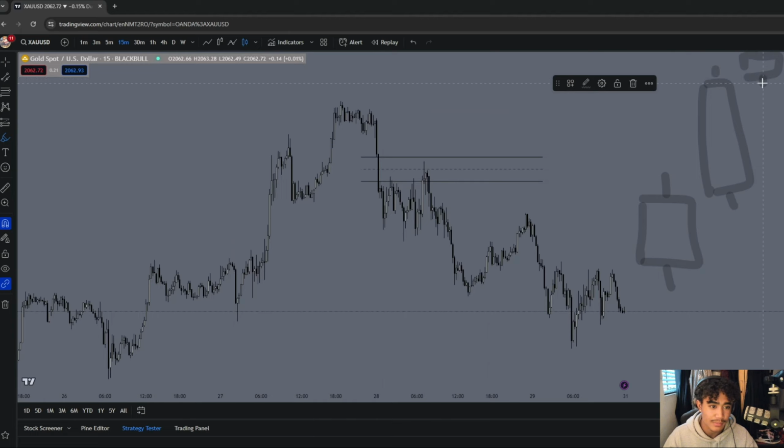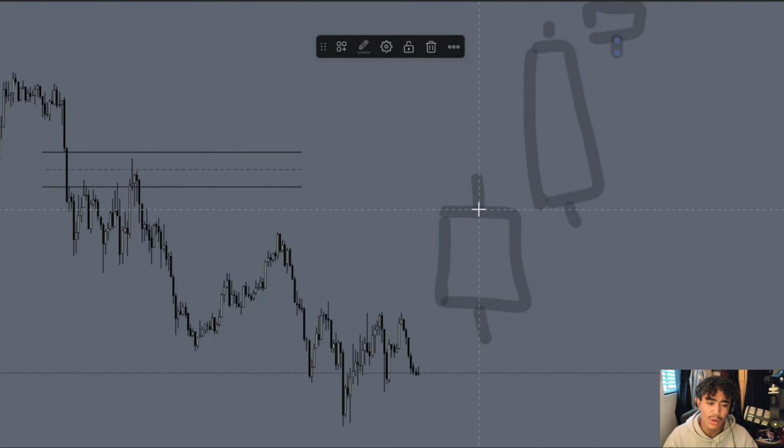This is an example of a fair value gap. It's a 3 candlestick pattern that we look for within the markets. Why is it called a fair value gap?